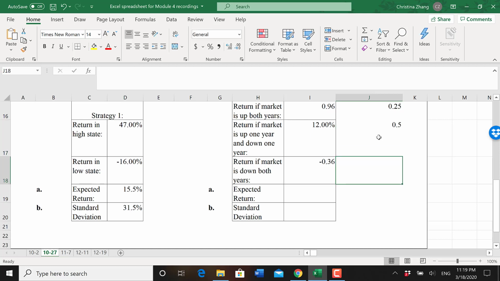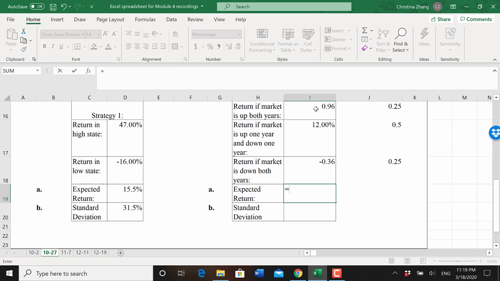And if you want both years to be down, you again have 50% and 50%, so it's 0.25. So your expected return is going to be probability times the corresponding return, plus probability times the corresponding return, plus probability times the corresponding return.